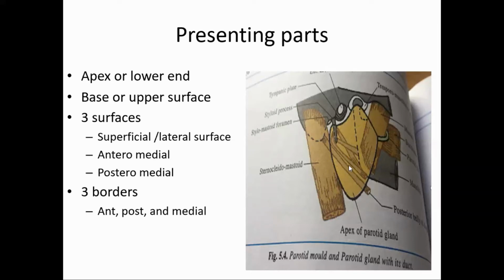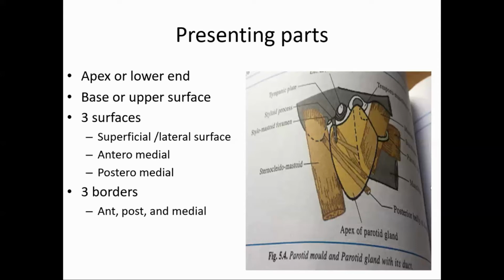Towards the skin is the superficial surface or the lateral surface. The medial surface is divided into two, the anteromedial surface and the posteromedial surface, by the medial border. See, the medial surface has one border, the medial border.